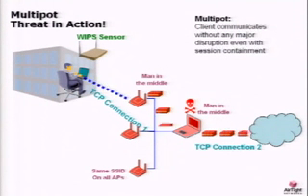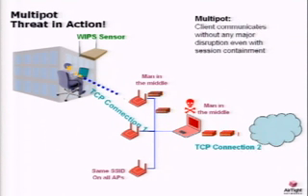This slide is a graphic representation or illustration of what happens in the presence of a multipot and an authorized client connecting to it. As we see, there is an authorized client which is connecting to a multipot which consists of 3 APs. It is currently connected to one of the APs in the multipot.